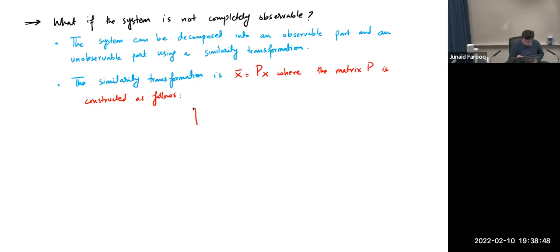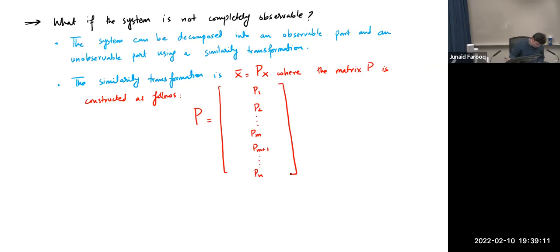The matrix P will have several rows: P1, P2, all the way to PM, and then PM plus 1 all the way to PN.